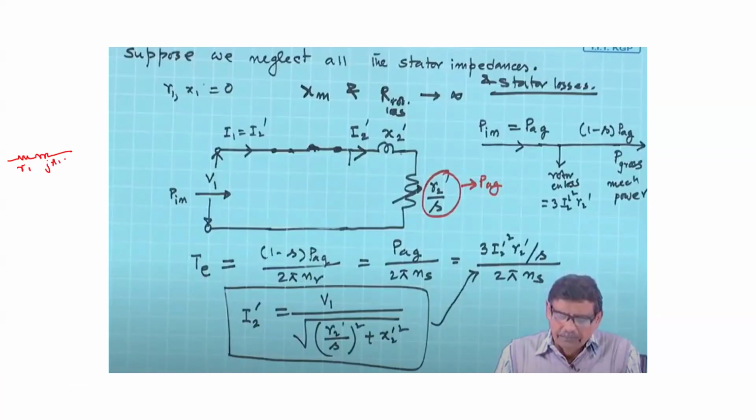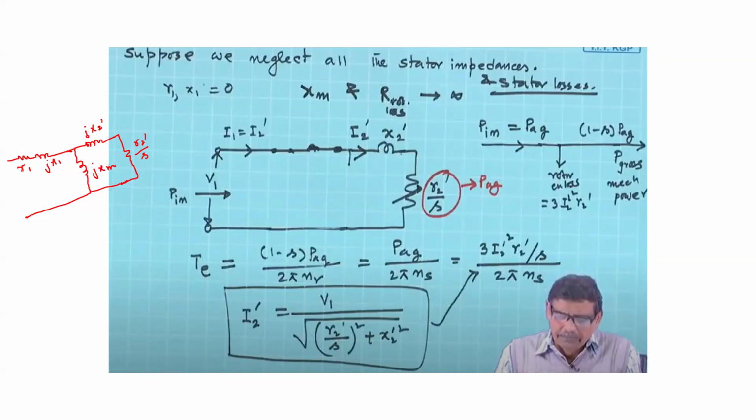R1, jX1. Then you have jXM. Then this is jX2 dash, and this is R2 dash by s.